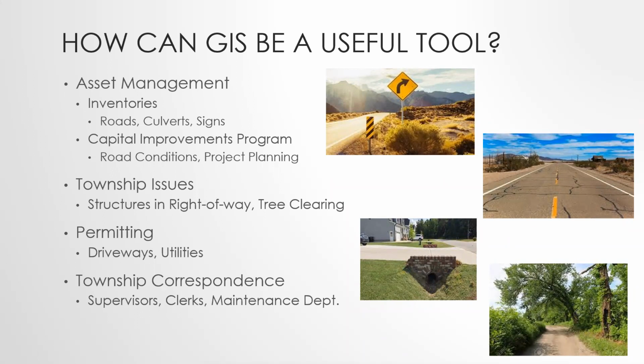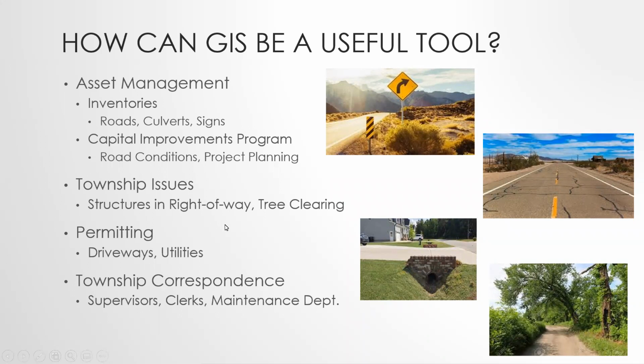And everyone in the township, the clerks, the engineers, the maintenance, the board members, they're able to pull that up on their phone or on the computer and see where that point is, so that it can be addressed. And then once it is resolved, you can attach a finished photo to that same point, so you can see what the initial issue was and how it was resolved.